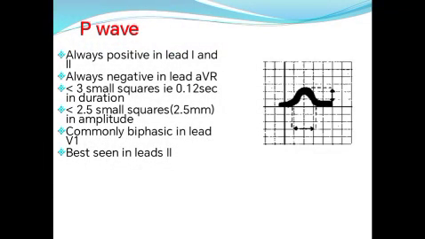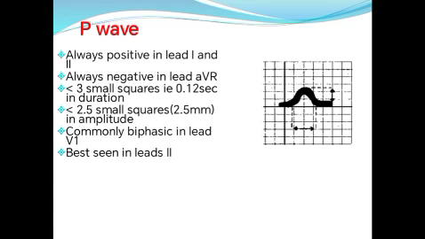Okay, we are going to talk about the P wave. The way we are talking about this is the sequence of reading the ECG. The first thing we look for, as I said, is the calibration or standardization.